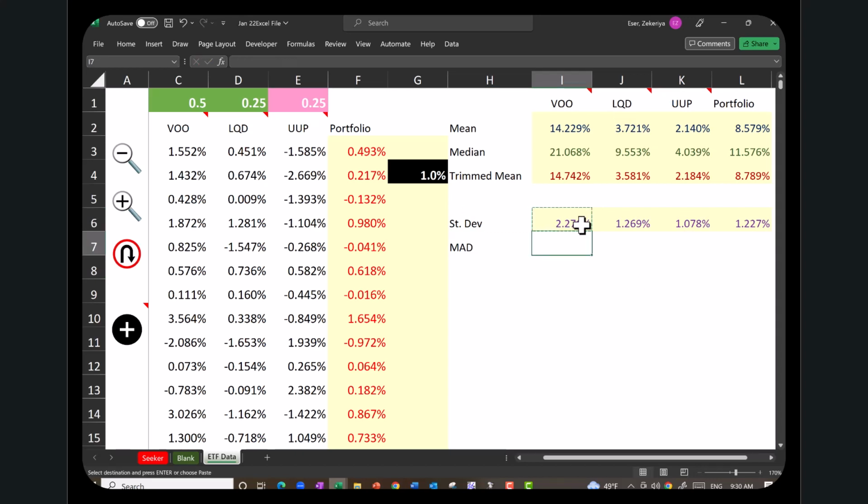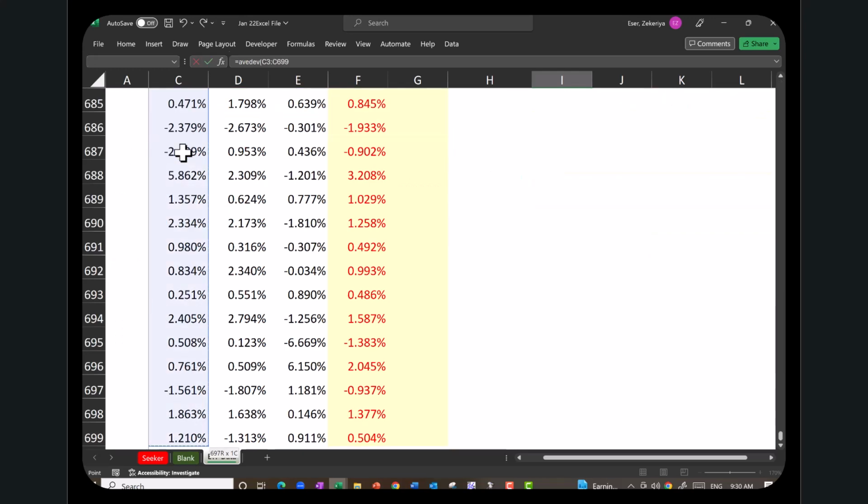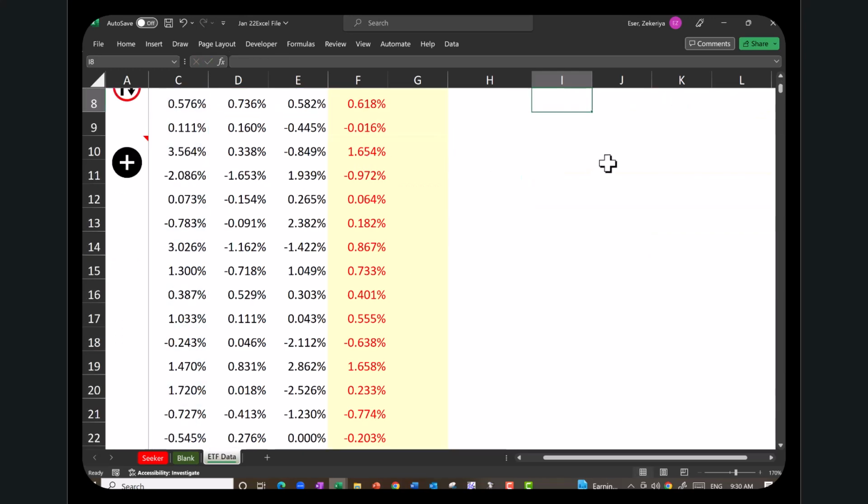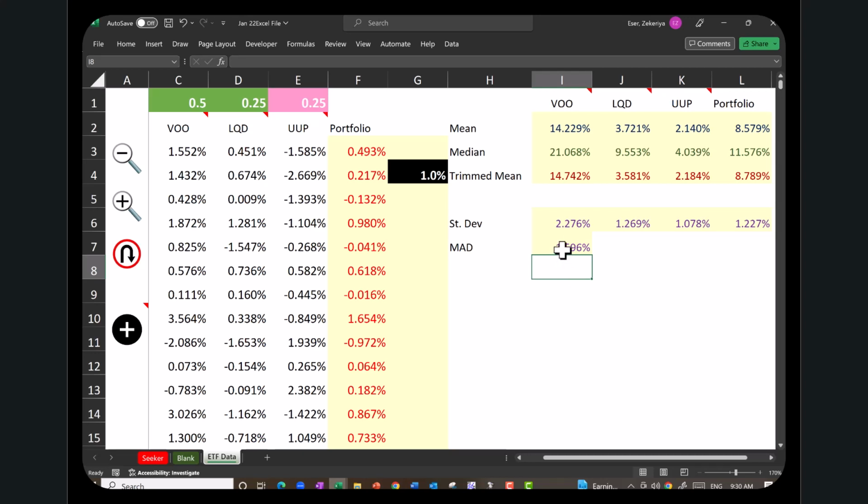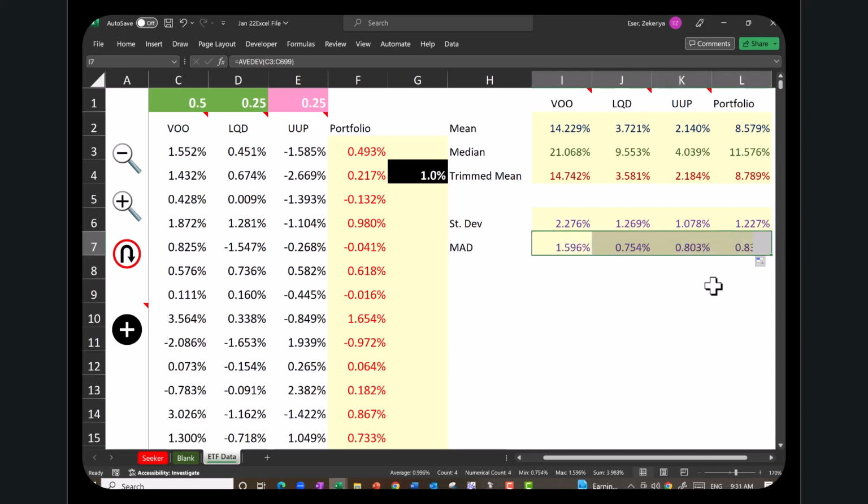Just gonna copy this so that I can have the formats. Okay. As you can see, it's not as big as standard deviation. And remember, the units are exactly the same.